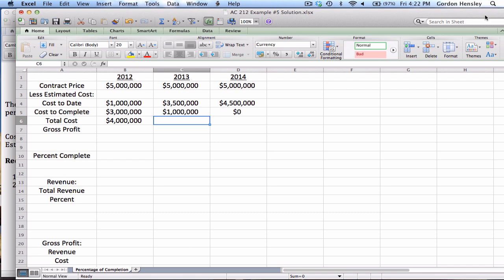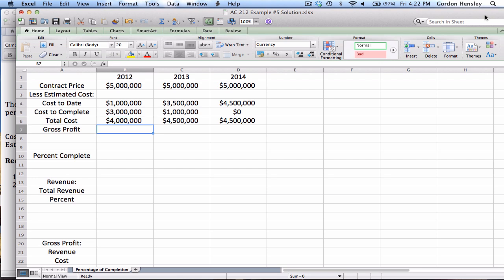Now in the second year, if they had already spent 3.5 and they felt that it would require another $1 million to complete, that adds up to $4.5 million. And then of course in year 3 they're finished and they have nothing left to spend, so $4.5 million. So the total cost, like I said, is just a function of everything spent to date plus the cost that they feel would be left to complete.